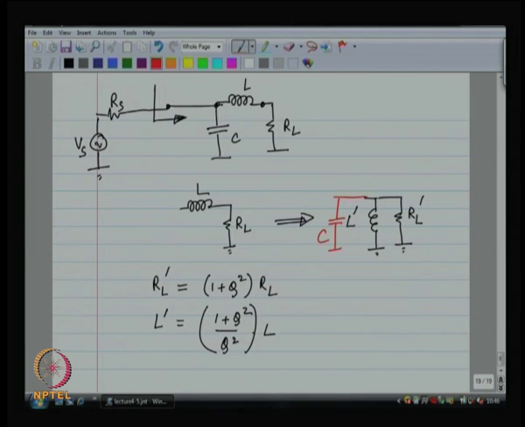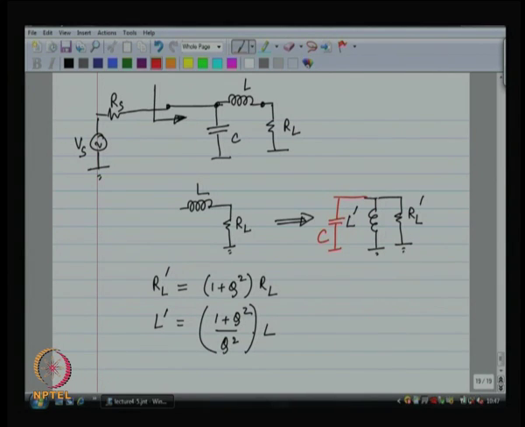So, if C and L prime resonate with each other at omega naught, then the parallel combination of L prime and C is an infinitely large impedance, which means that you do not need to consider it at all, which means that all that you are left with in your network is R L prime, right.